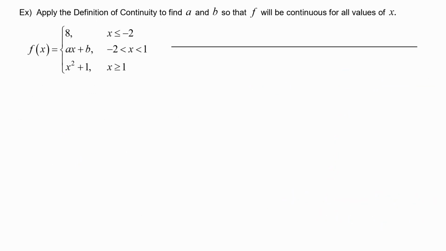In this example, apply the definition of continuity to find a and b so that f will be continuous for all values of x. We are given this piecewise defined function here. We see that it changes over at -2 and +1. So let's get those values on the number line.